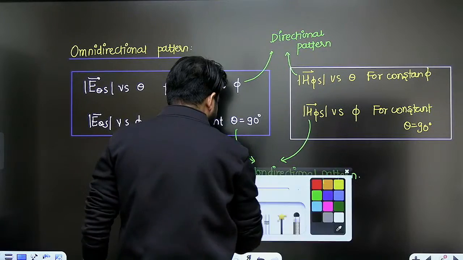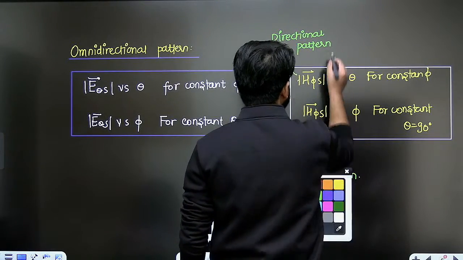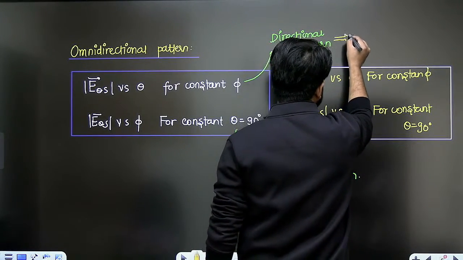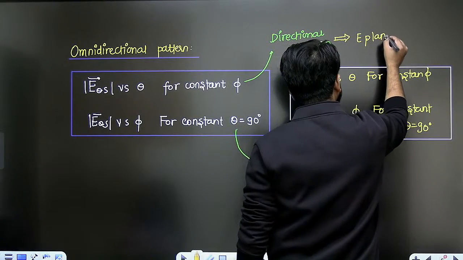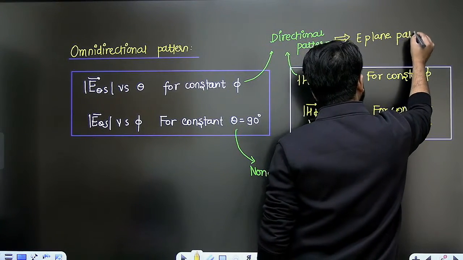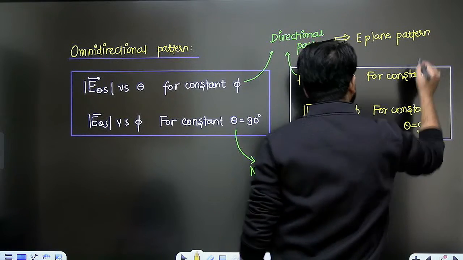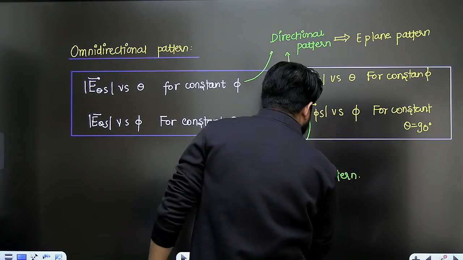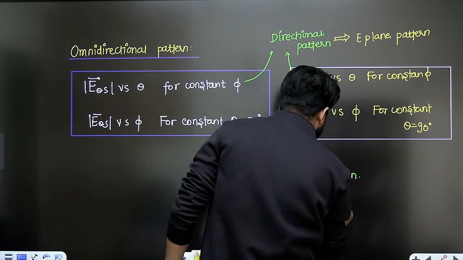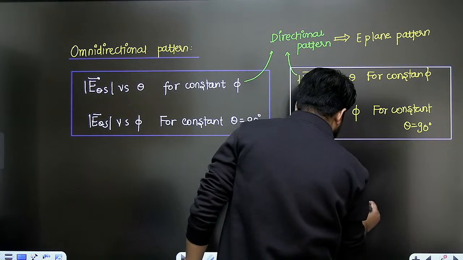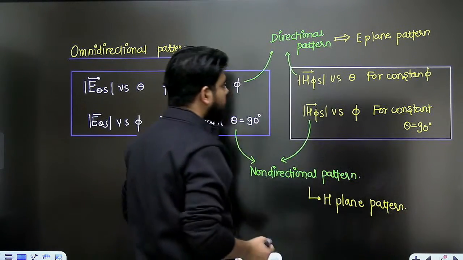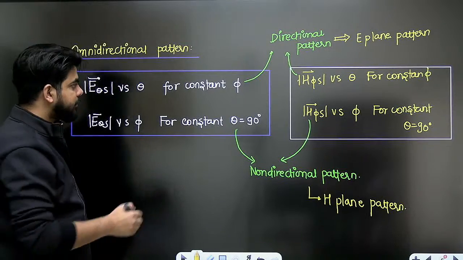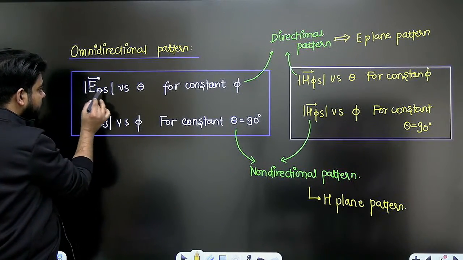So this directional pattern is also called the E plane pattern, and this is called the H plane pattern. Why it is called so, I will tell you in a while. Because you know that E is a function of theta, meaning E has the direction of theta.